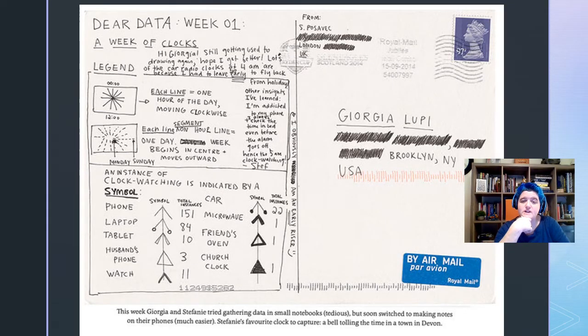Here is another key or legend. This is one that Stephanie made. So this is Stephanie's postcard about time that she sent to Georgia, and hers, we can see, looks different.